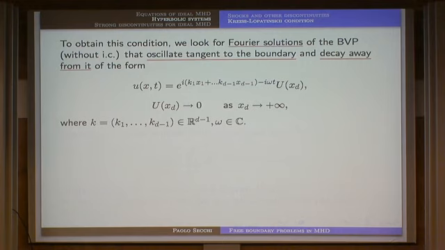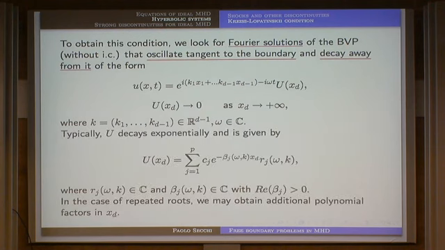This omega will be in C, okay? So typically we observe that u decays exponentially in space and is given by a sum of terms of this form with this exponential here, and in order to have the decaying property, the real part of beta_j, the coefficient, has to be strictly positive.